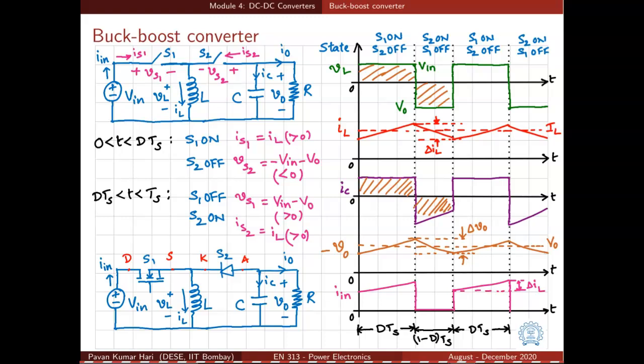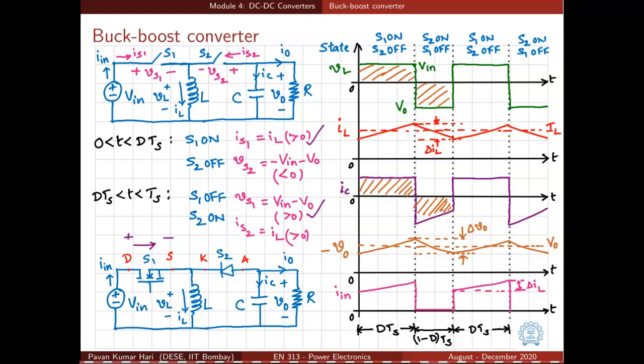And since V in is greater than 0, VO will be less than 0. So the switch S1 will be blocking a positive voltage with the indicated polarity. So switch S1 is conducting positive current and it is blocking positive voltage. So a MOSFET would be ideal because it can conduct in this direction and it can block positive voltage with that polarity. So S1 can be replaced by a MOSFET.